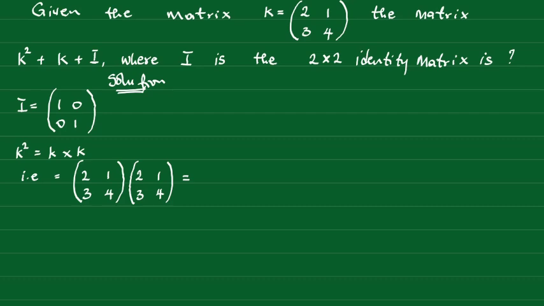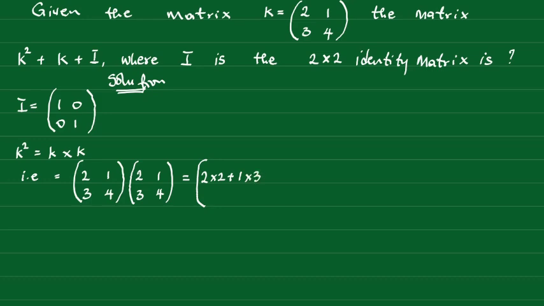In multiplication of a matrix, the operation is carried out as row times column. We multiply our rows against a column. In doing this, we write a bracket, and we have 2 times 2 plus 1 times 3.